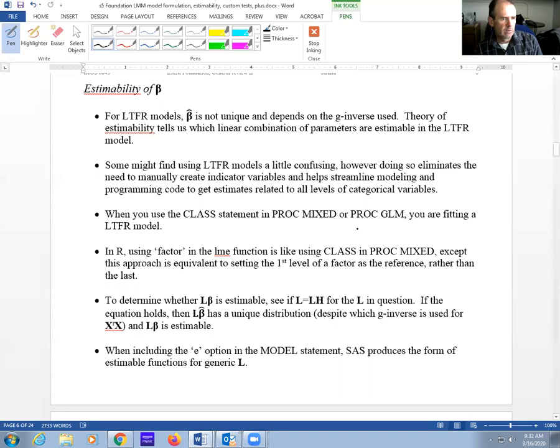So what we need to do is figure out some linear combination of the parameters that are estimable, and there's a lot of theory on this and on how to do this. So if you enter the E option in the model statement, SAS is going to tell you what functions of the parameters, what linear combinations of the parameters, are estimable.